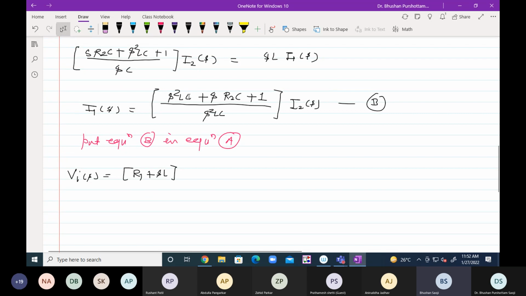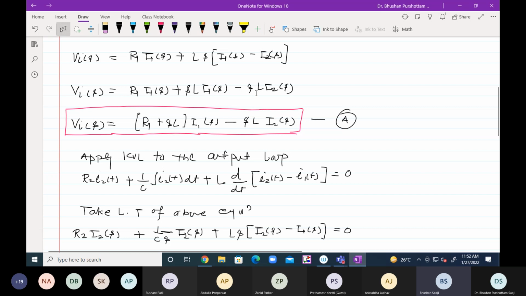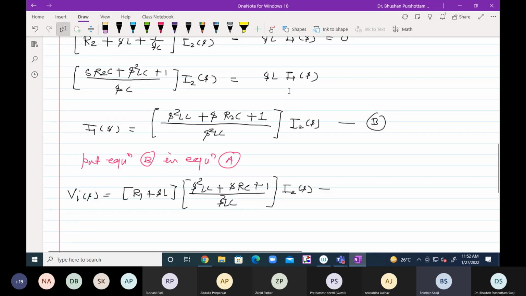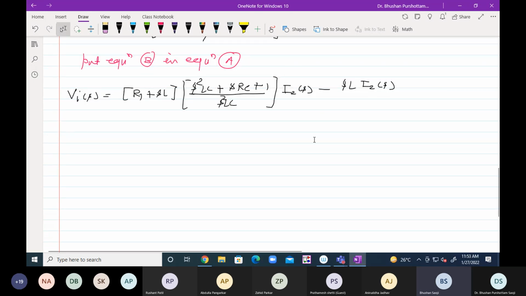I1 of S equals (S square LC plus SRC plus 1) divided by S square LC, multiplied by I2 of S, and then minus SL I2 of S. These are the equations that we have.